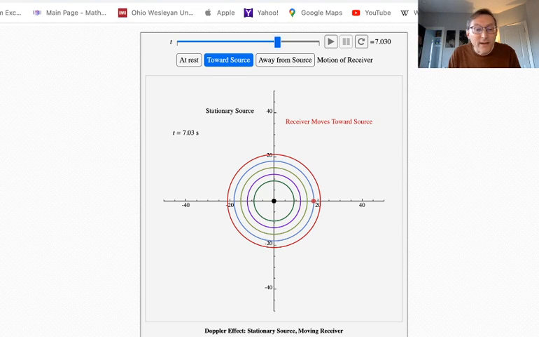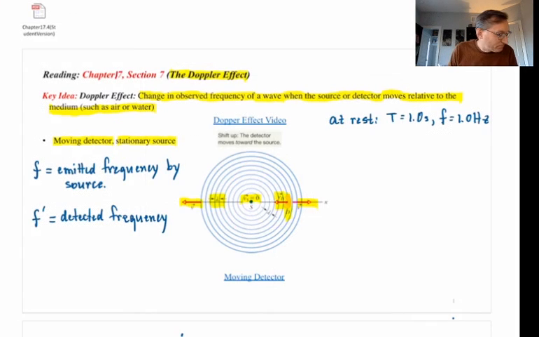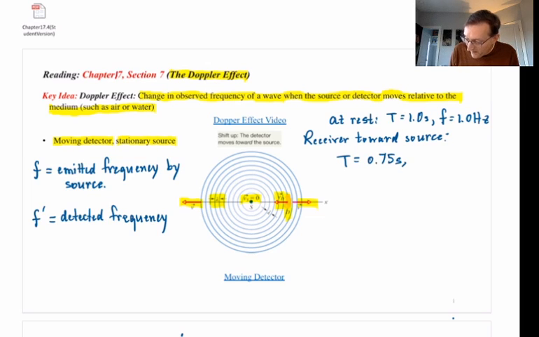So I'm going to go back here now, and I'm going to write down, for the case receiver moving toward source, the observed period is 0.75 seconds. So the observed frequency, I really ought to write this now as f prime, is 1 over, I'll call that T prime, 1 over that period T prime, and that's 1.3 hertz.